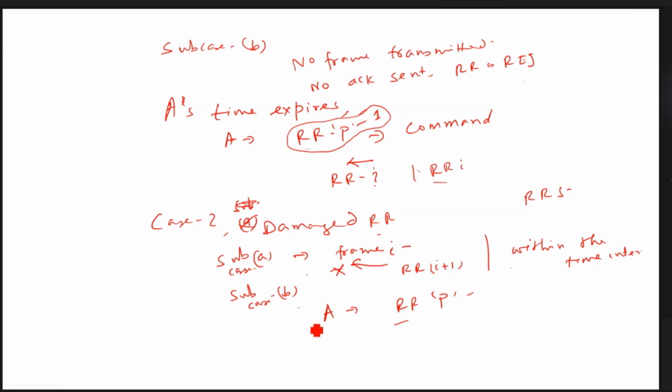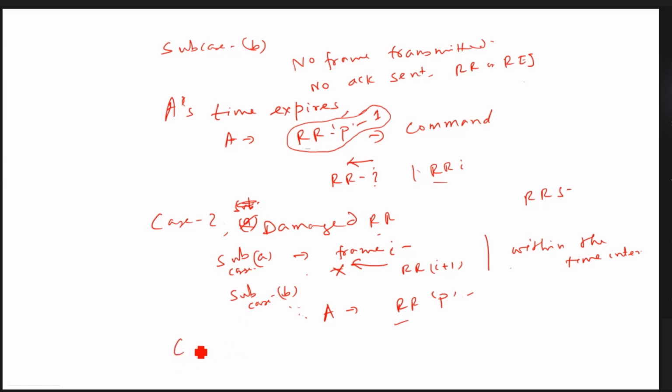This is subcase 2, same as subcase 2 of damaged frames. If B fails to respond to this command frame, A will try several times. After a certain number of times, the whole thing will be reset. So that is the case for a damaged acknowledgement.